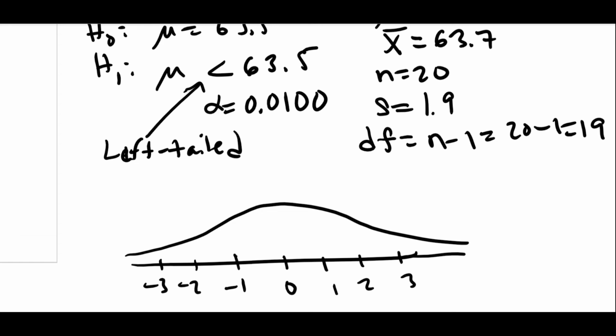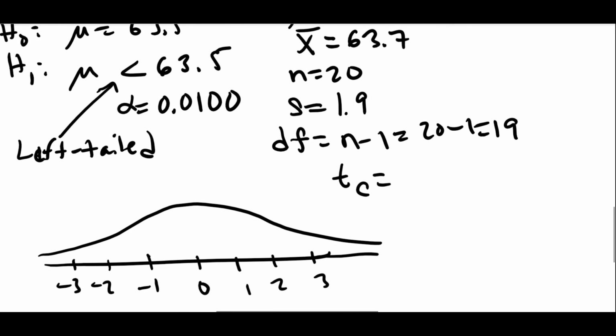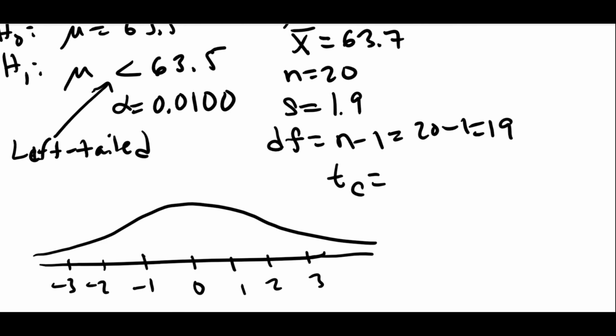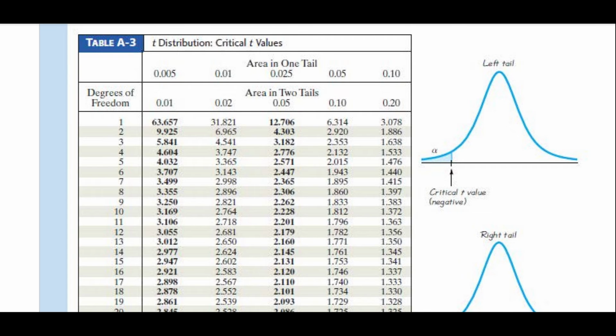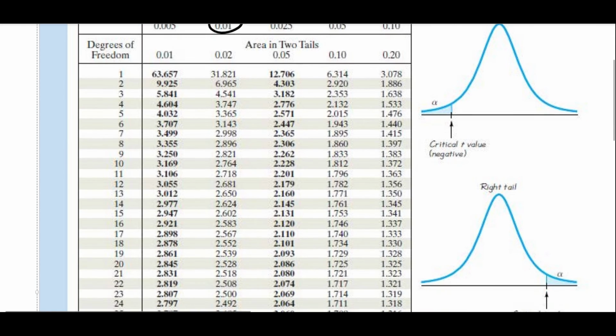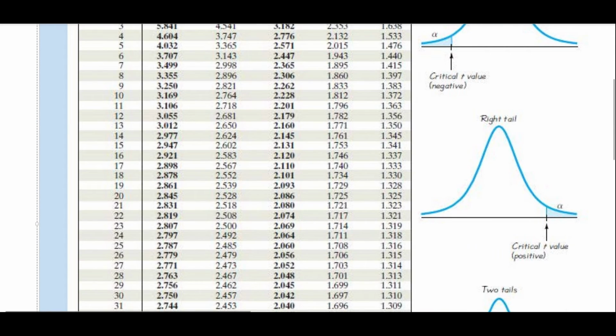So the first step is to find our t critical. We're going to need our t-table. Our degrees of freedom is 19. We're looking at a one-tailed test, and our alpha is 0.01. So let's go to the t-chart. We're looking at the area in one tail with an alpha of 0.01, and I believe it was 19 degrees of freedom.